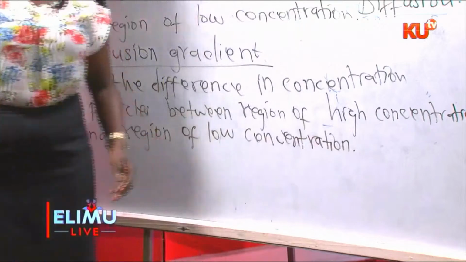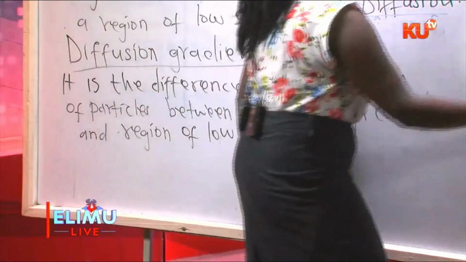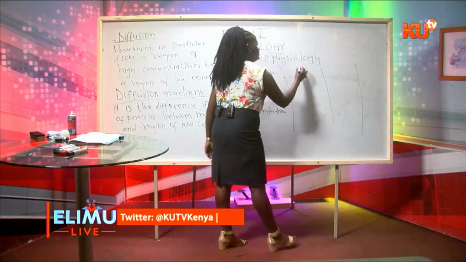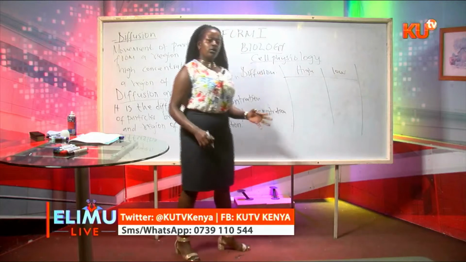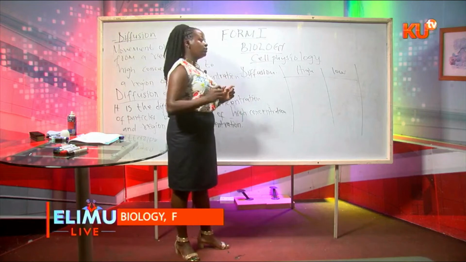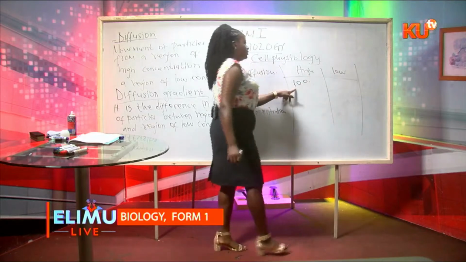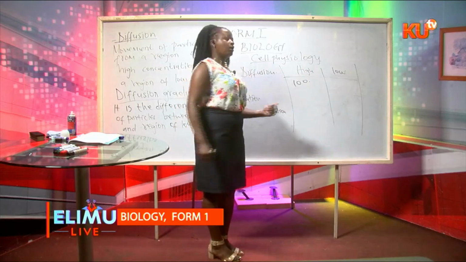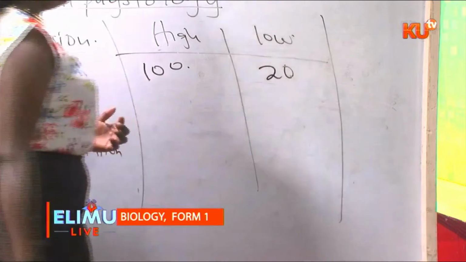We're going to demonstrate that using our board. If this is our region of high concentration, and we have our region of low concentration. So we are going to assume that the particles of snow in this region were 100 and they spread to the region of low concentration. So let's say the ones that spread were 20.